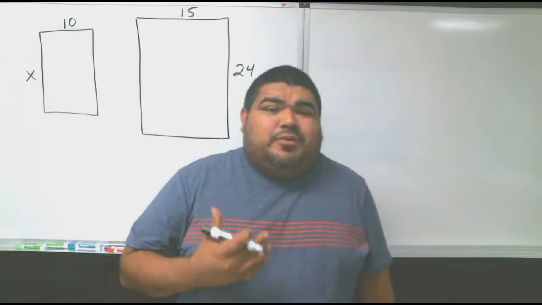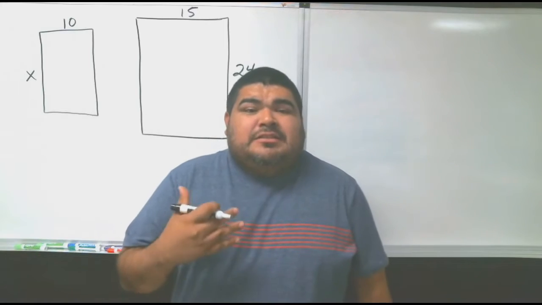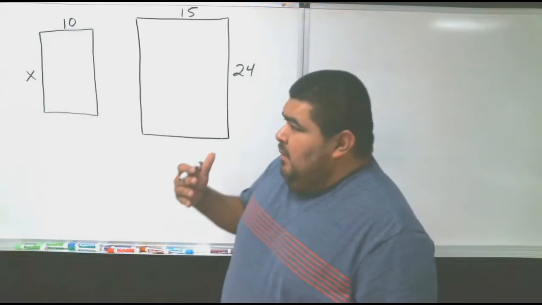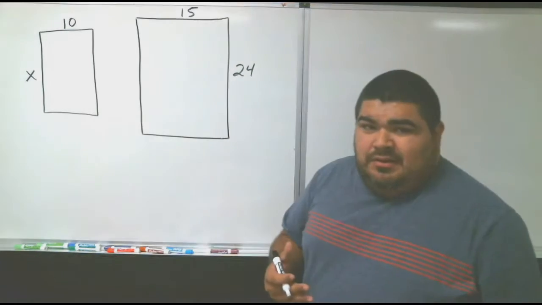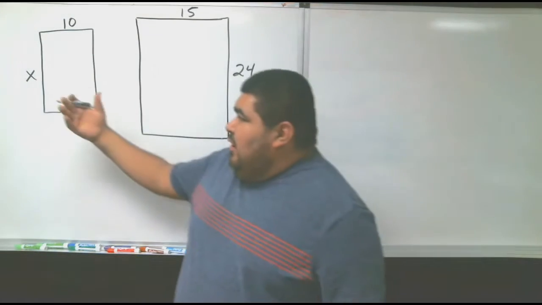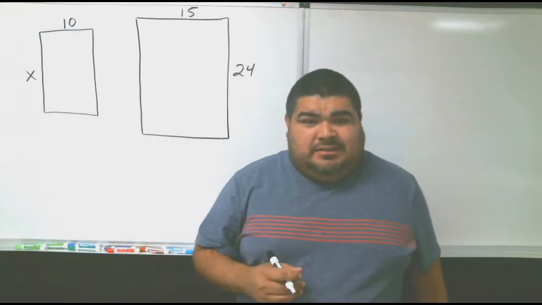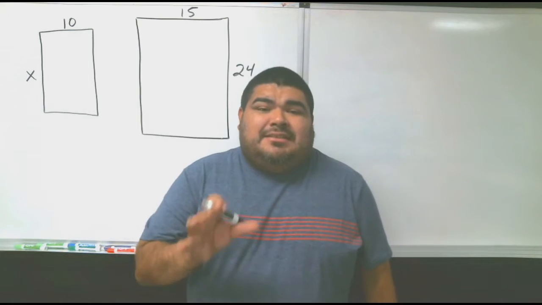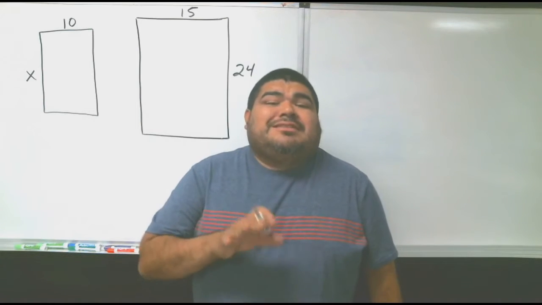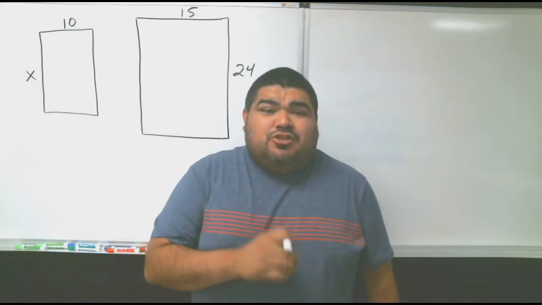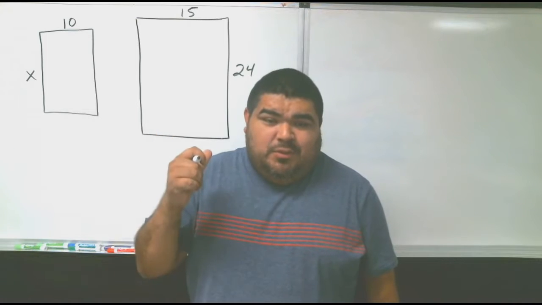Since we have two rectangles and we're dealing with similarities, we have to set up a proportion to solve for that x. If you guys remember last class, for the ones that didn't see the video from last class, make sure you watch that video before watching this one.